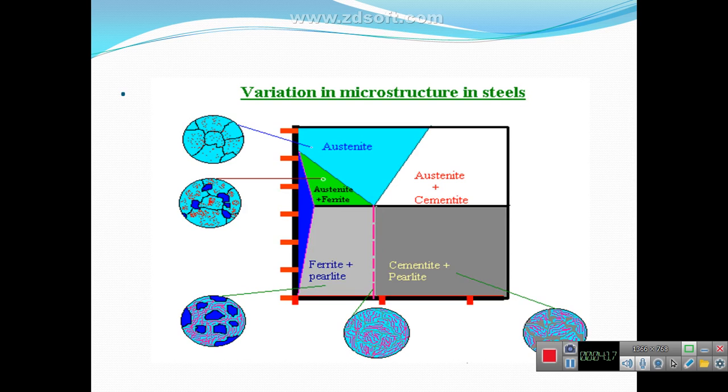In this PPT, we have seen the transformation structures that occurred, like austenite, cementite, pearlite, ferrite and austenite, ferrite. At the temperature, the transformation will happen, and the microstructures of the transformation are also seen.